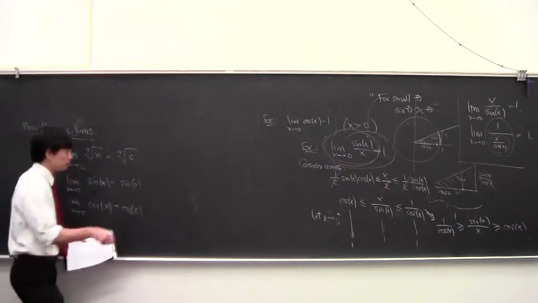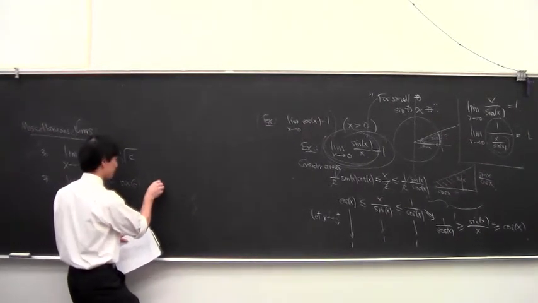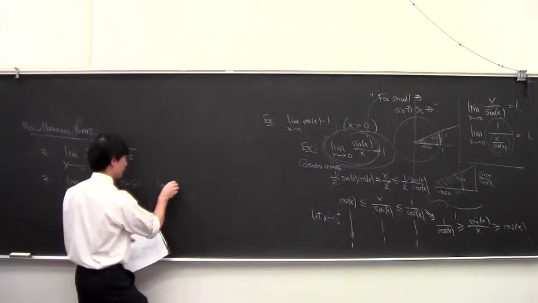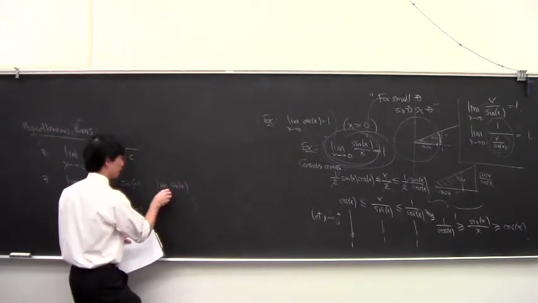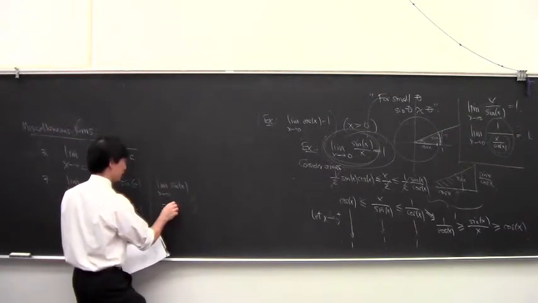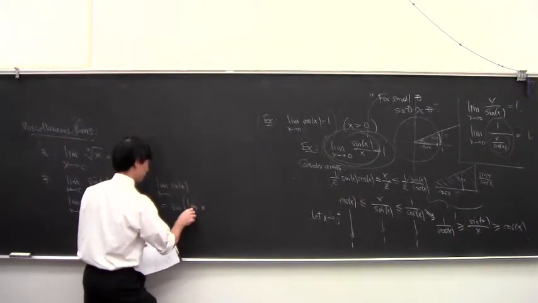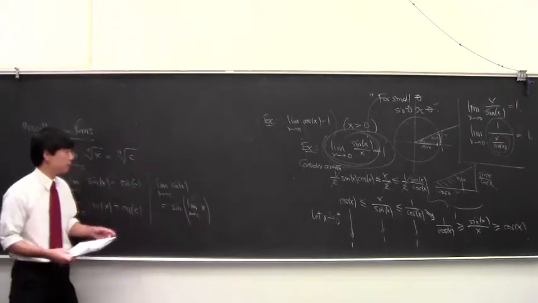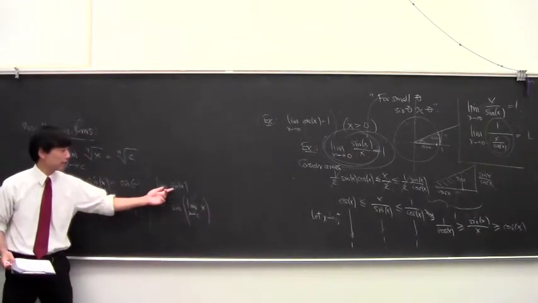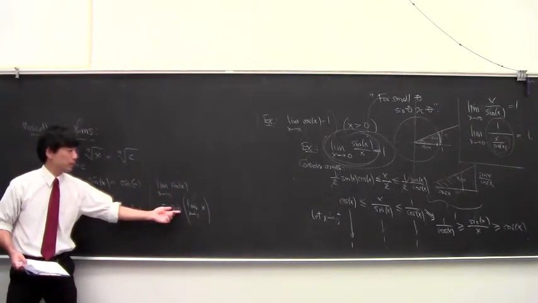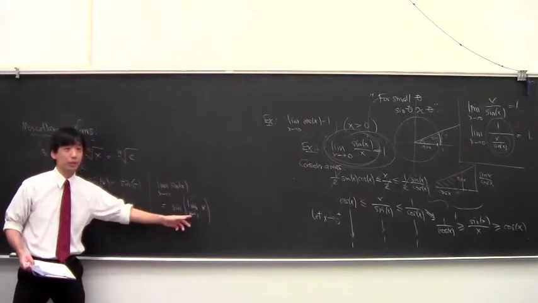Just one observation. Notice that what we're doing, you could think of like this. It's saying that the limit of sine x as x approaches c is the same as the sine of the limit of x as x approaches c.